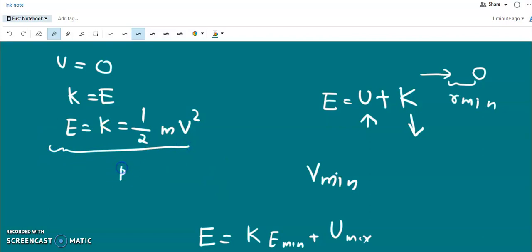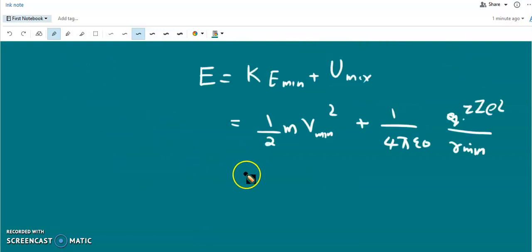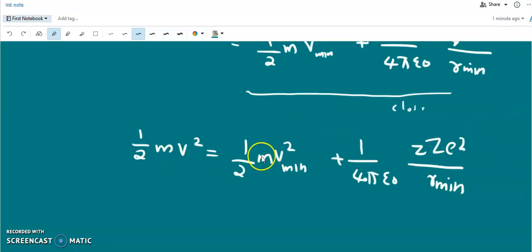This is the energy when the projectile is away from the nucleus, and it is equal to the energy when the projectile is closer to the nucleus. So we can write half mv square is equal to half m v minimum square plus 1 over 4 pi epsilon 0 small z capital Z e square divided by R minimum.